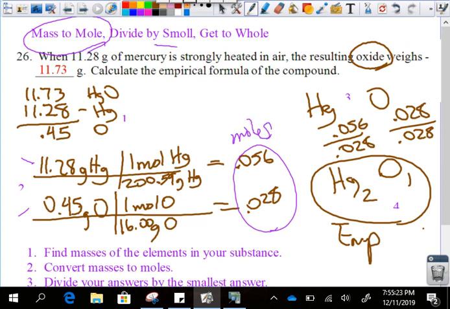The second step is divide by the smaller value, or smol. If you took out these two moles, this is definitely smaller. 28 is less than 56. So we divided them both by 0.028, and we got two whole numbers. If you have whole numbers, you're done, because the last step is usually get to whole.